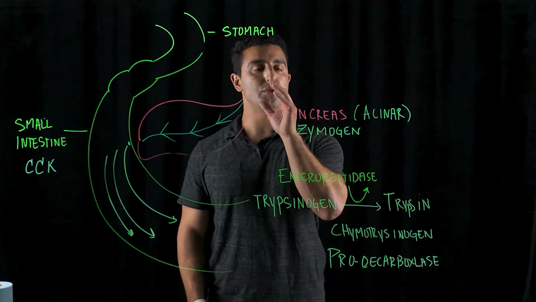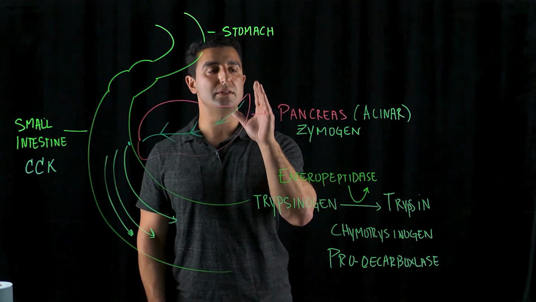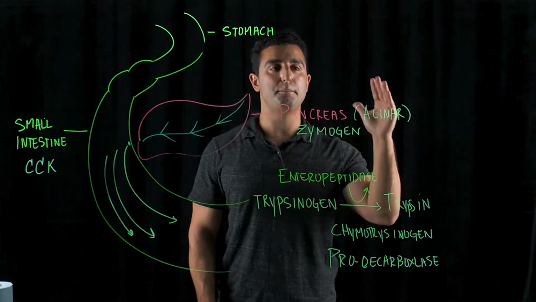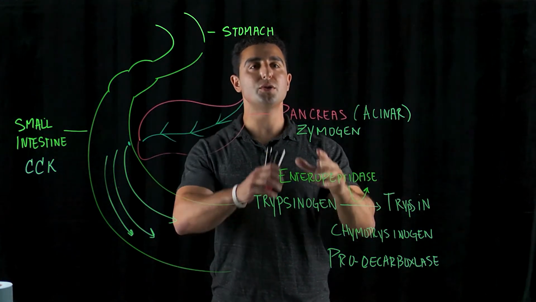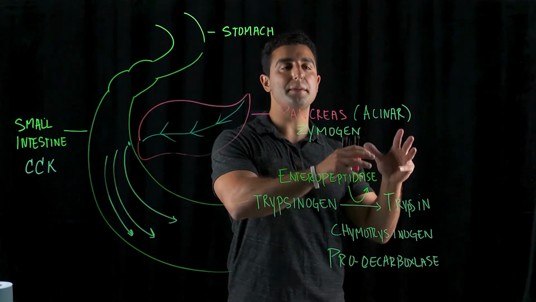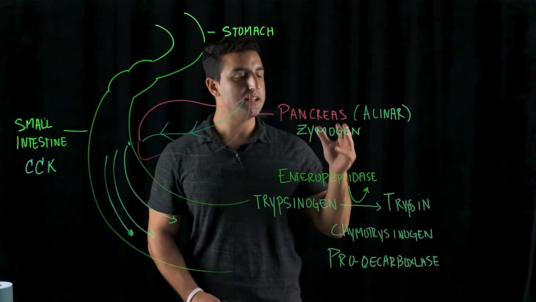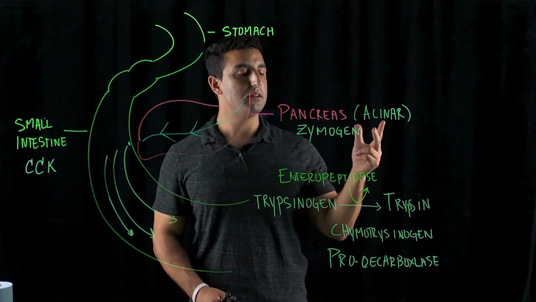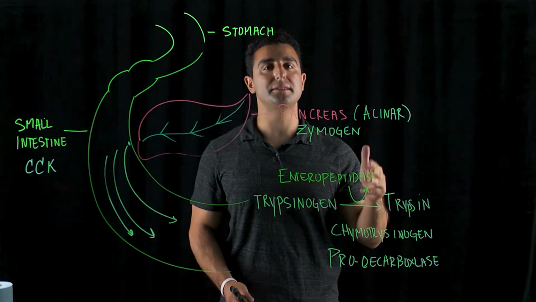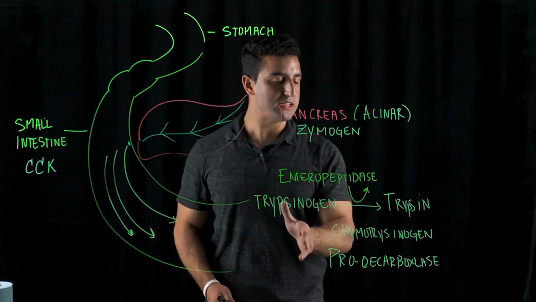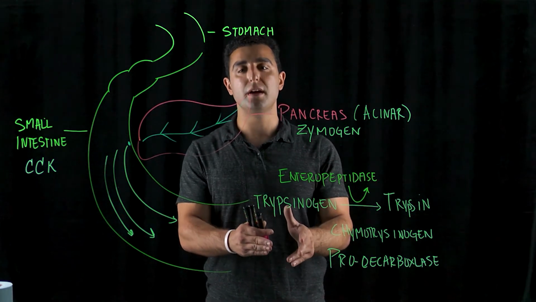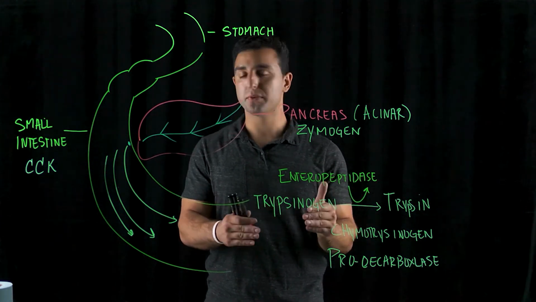So you need selective enzymes to break down selective peptide bonds in order to have these specific amino acids for these physiological processes. That requires a bundle of different types of proteases. These are just three examples of these proteases. There are many, many more, okay?